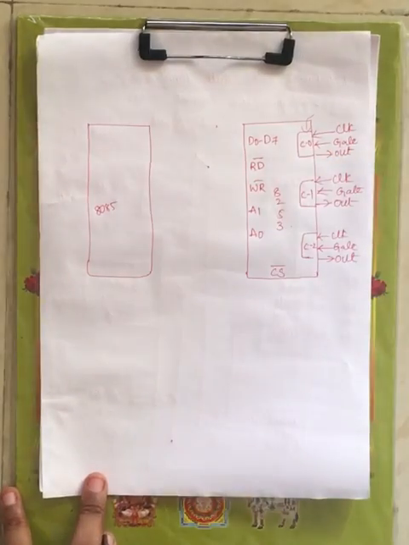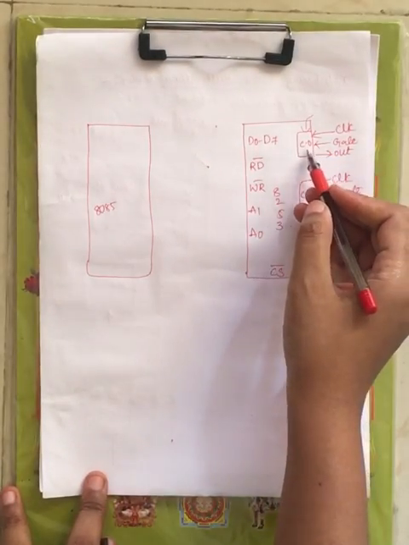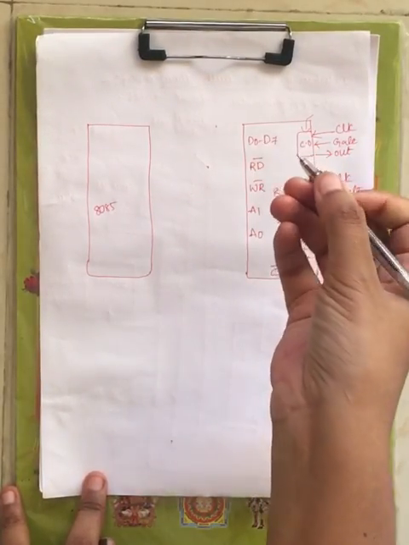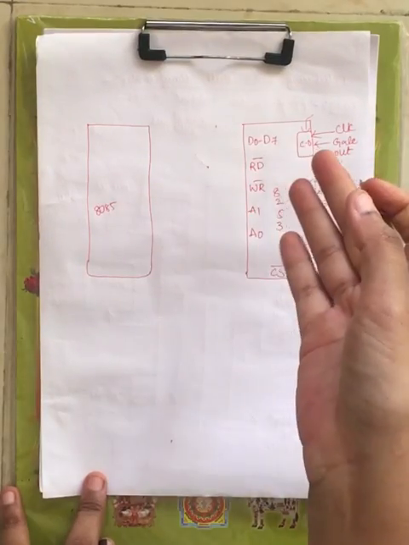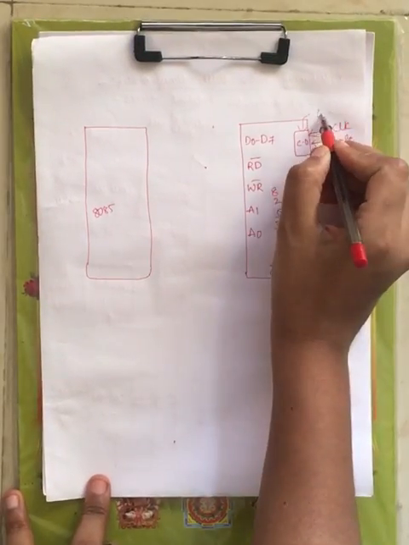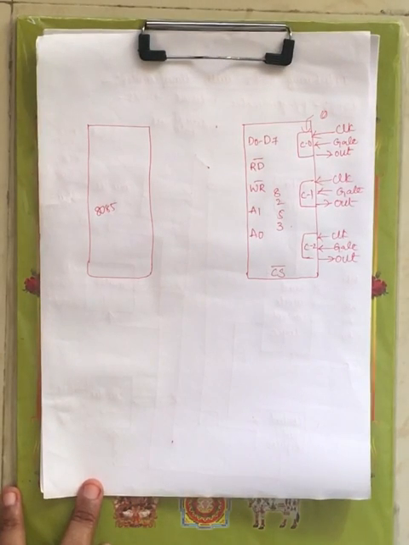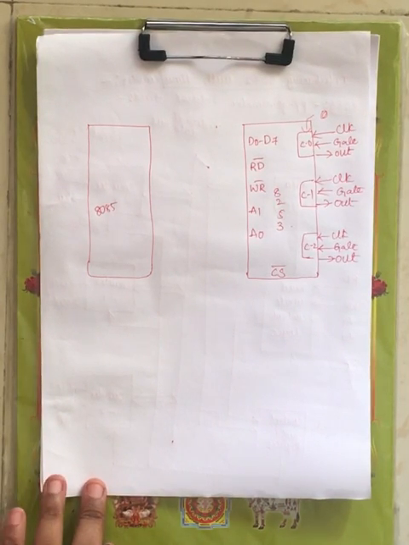Now upon giving the instruction, the counter begins to decrement that count value, whatever value is loaded into the register, till it becomes 0. That is the actual process of 8253. Now coming to the counter part, it will count the number of external events, right?